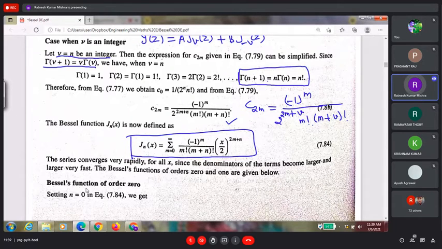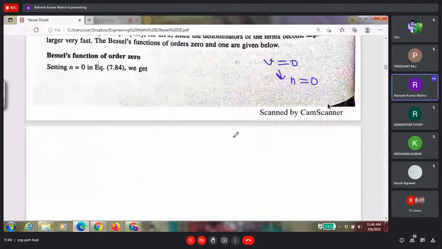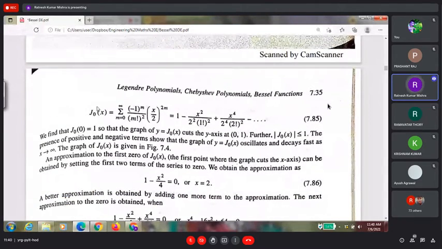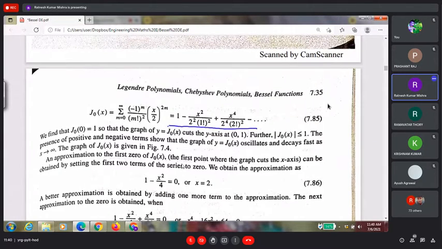Now you can find the Bessel function of order 0, that is, substitute v equal to 0, that is, n equal to 0. So J0(x) we can write this one. Substitute x equal to 0, so this is J0 equal to 1. That is, this cuts the y axis at 1.